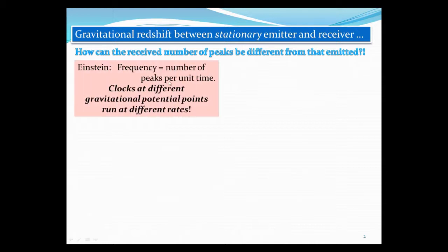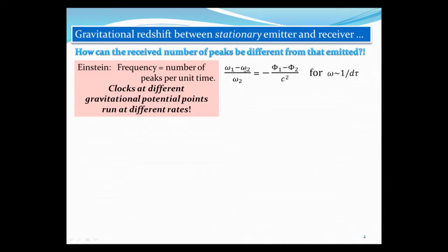Einstein gave a simple answer. We're talking about frequency. Frequency is the number of peaks per unit time. So clocks at different gravitational potential points can have different frequencies because the time rate may be different, in which there's a gravitational time dilation. Clocks run at different rates at different gravitational potential points.